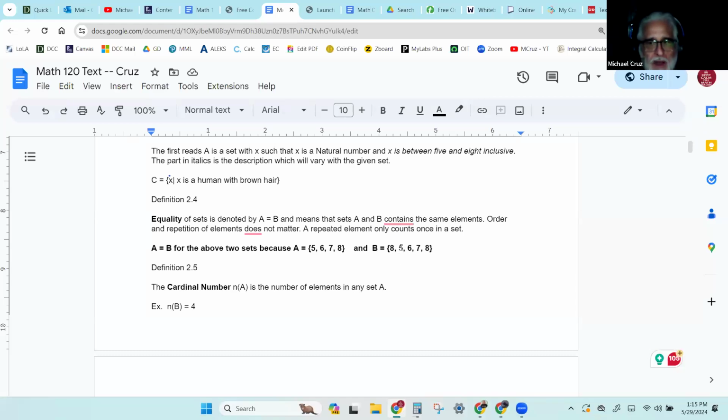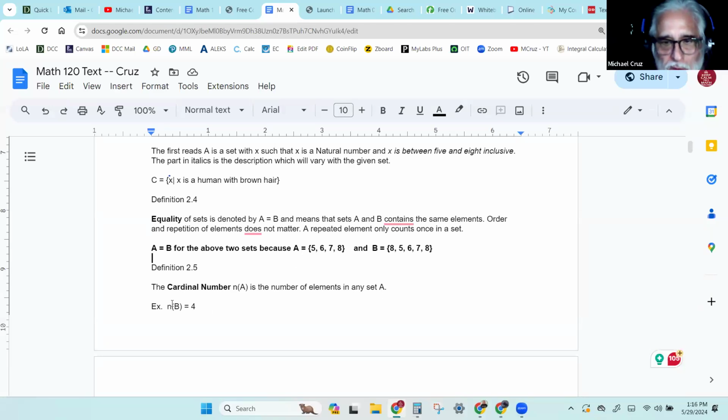And then there's your 5, there's the 6, 7. So these two sets are equal, even though one has a repeat and they are not in the same order. So order and repetition do not change the value of the set.